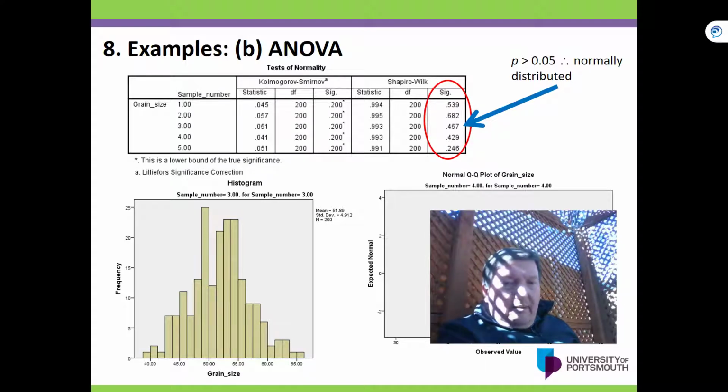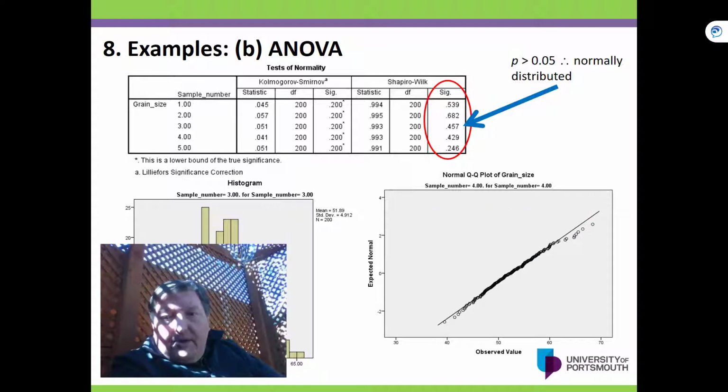Although I would advise you to look at the histograms, to have a look at the data, but then you rely on the Shapiro-Wilk test. Again, you can do the QQ plots to see if they're linear, but I would rely on the Shapiro-Wilk test.